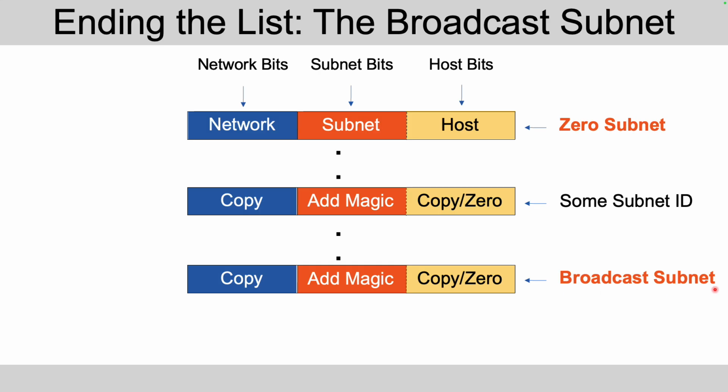Now, warning here. I'm not saying broadcast address in the subnet or subnet broadcast address. This is a different term, weirdly enough. This is the broadcast subnet. So this is the numerically highest subnet ID, and that's what the term is defined as.